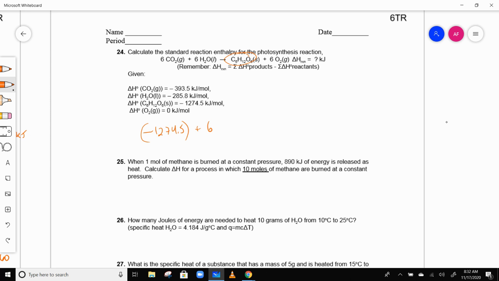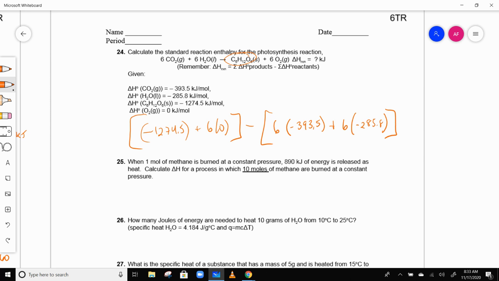Plus 6 O2, and now O2 is just 0. Okay, and then we subtract the sum of the reactants. So the reactants, there's 6 CO2s, so 6 times negative 393.5. Plus there's 6 H2O liquids, so 6 times H2O liquid, which is negative 285.8.